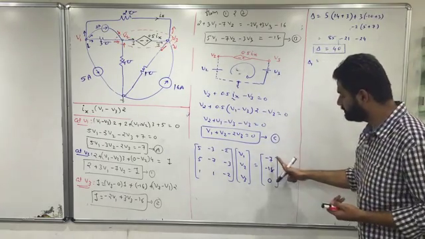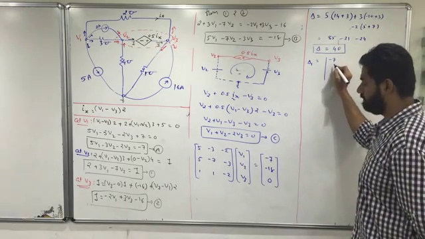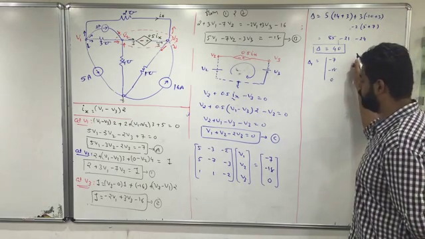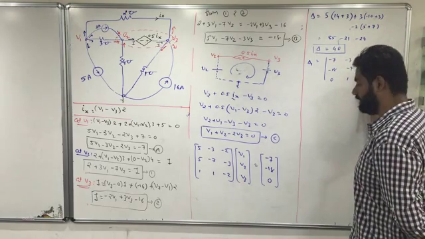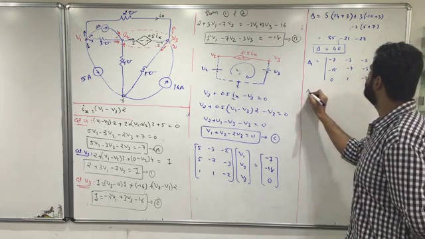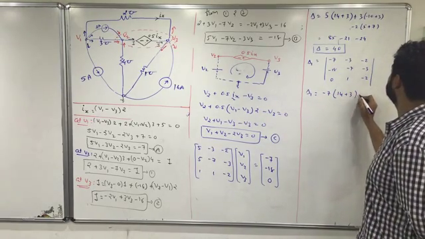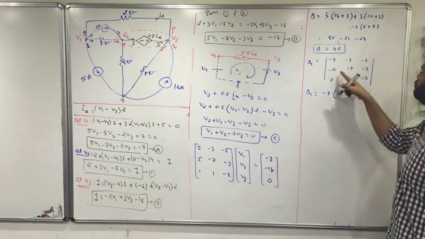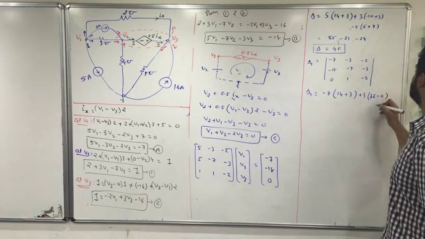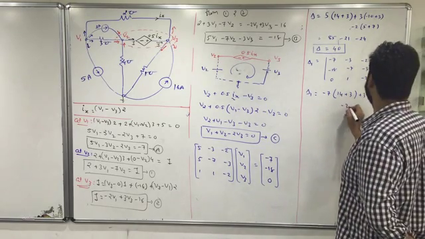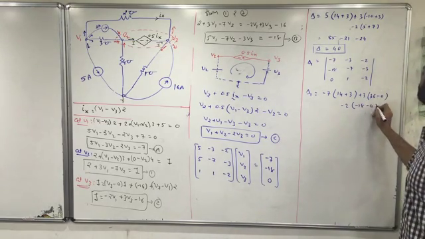Delta 1, which is equal to, I'll be replacing this over here with the first column. So I'll be having a determinant which is like minus 7, minus 18, 0, minus 3, minus 7, 1, minus 2, minus 3, minus 2. So delta 1 is equal to minus 7 into 14 minus minus plus 3 into minus plus 36 minus 0, fine, and minus 2 into minus 18 plus 0 minus 0, fine.